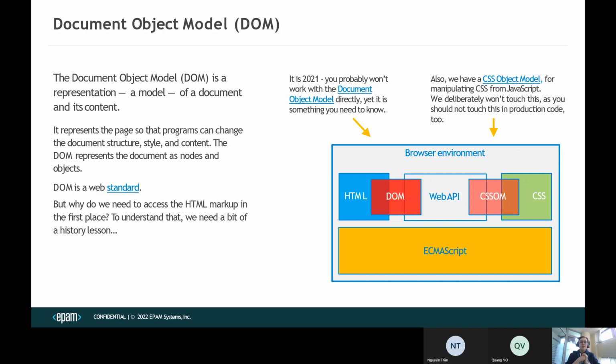In order to tie them together and make our websites and applications interactive, so that our HTML is responsive to the user input, for example, I as a user have pressed a button, or clicked on a link, or scrolled, or put any input at all in the system, and to make the web application respond to my actions, we need the document object model. It's a representation of a document and its content.